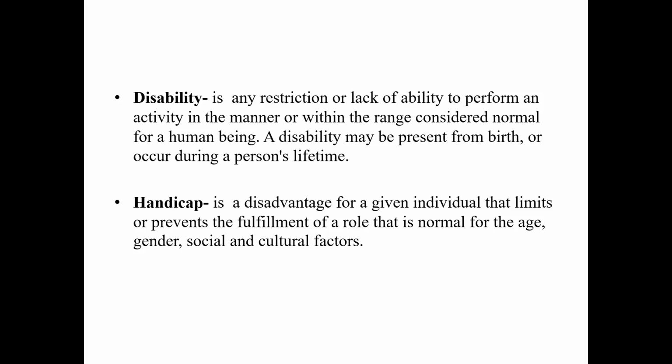Disability is a restriction, meaning the ability to perform the particular act is not there. It may be present from birth, or it can come because of any disease or anything. That is called disability.